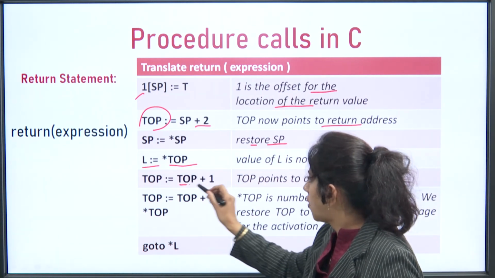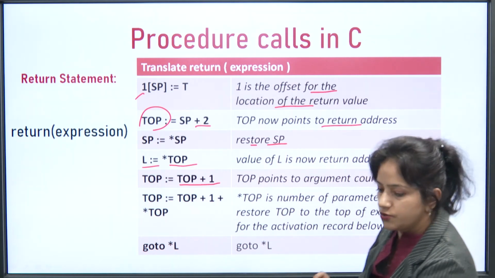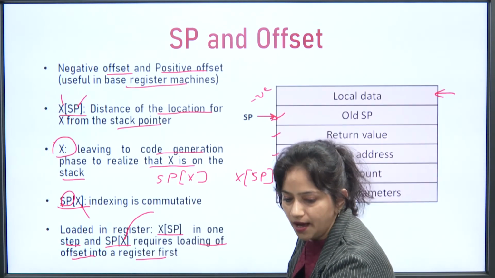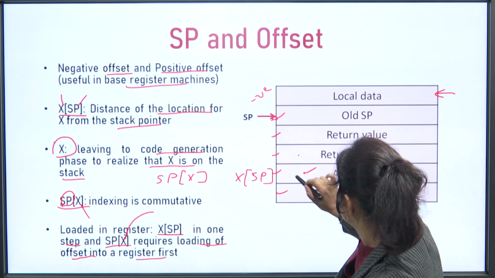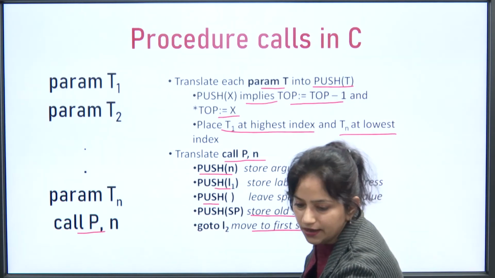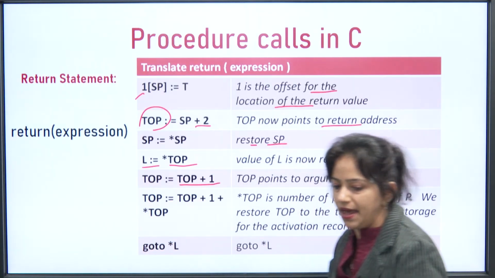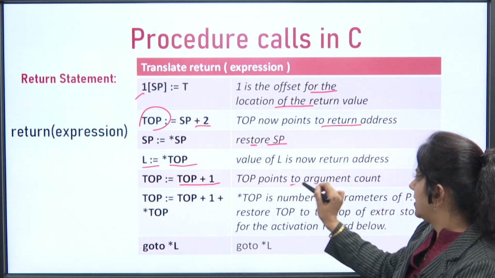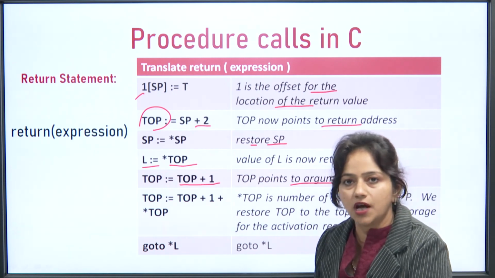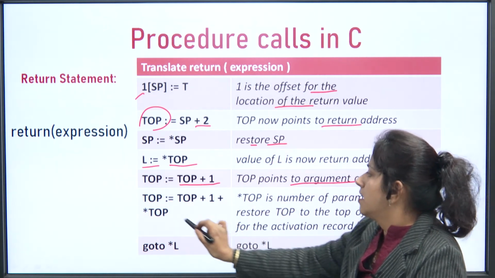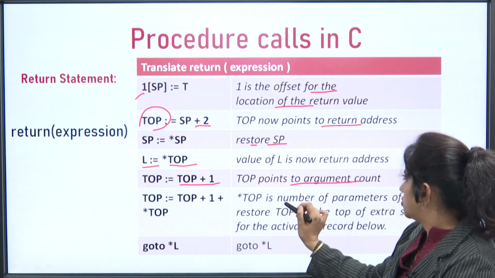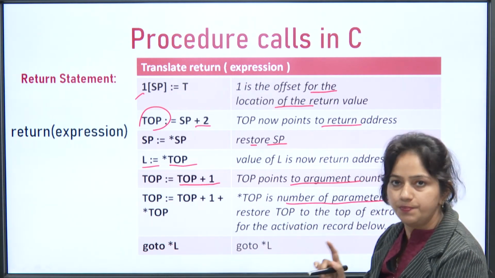Now we increase top, top equals top plus 1, so it points to the argument count. Next, top equals top plus the value at top, which is the number of parameters of P.